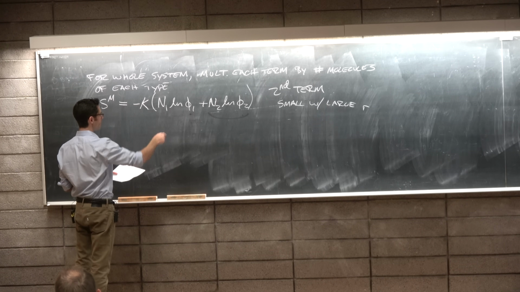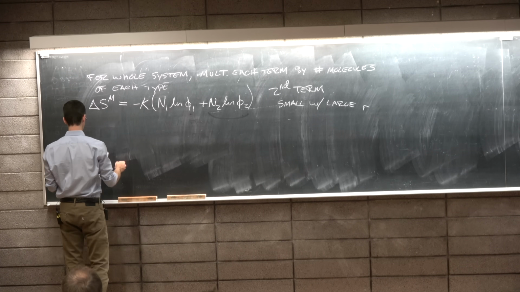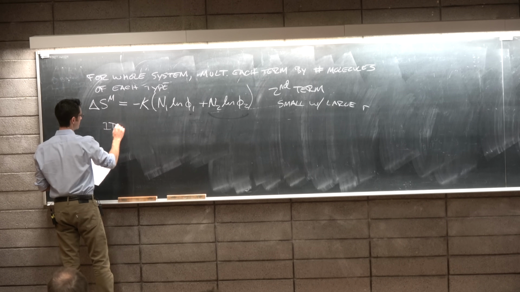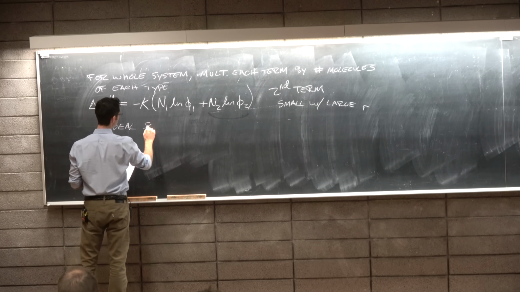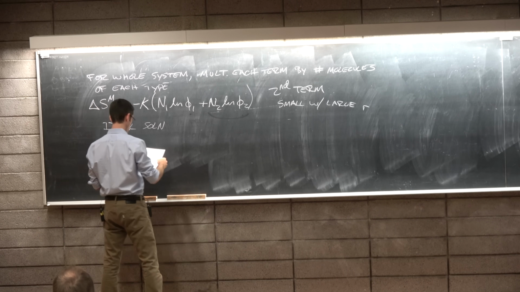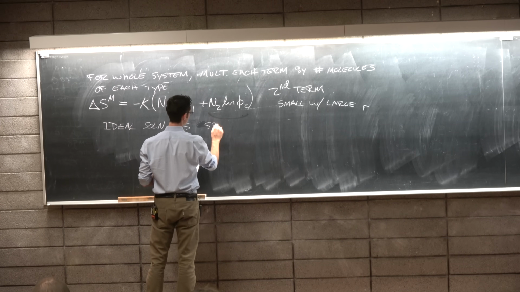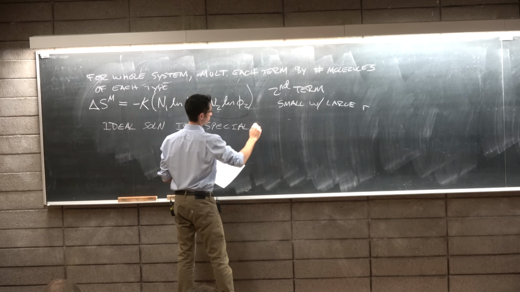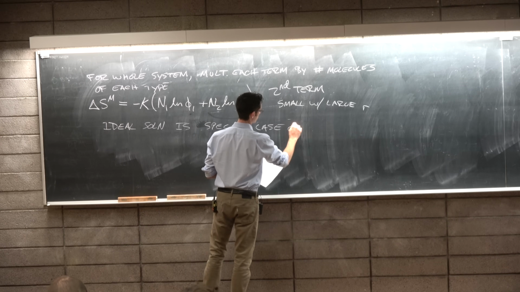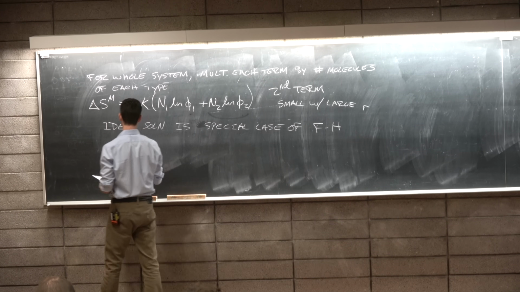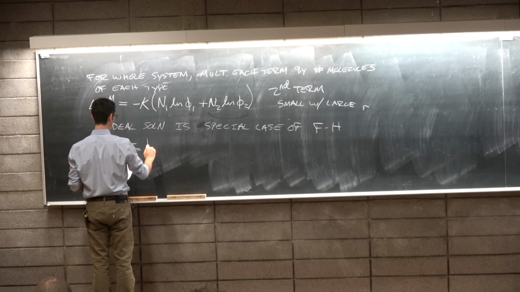We can recover the ideal solution. So the ideal solution is a special case of Flory-Huggins in the case where instead of a polymer, we just have monomers.